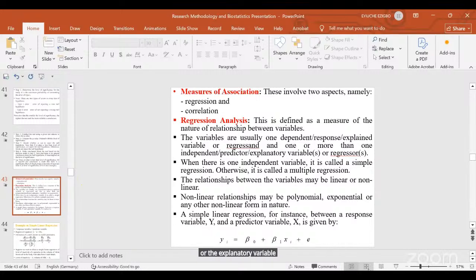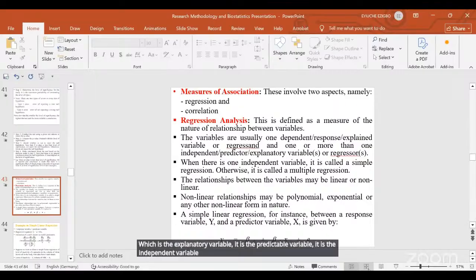All of them are names given for the independent variable: the explanatory variable, the predictor variable, the independent variable, the regressor. Is that clear? Good.